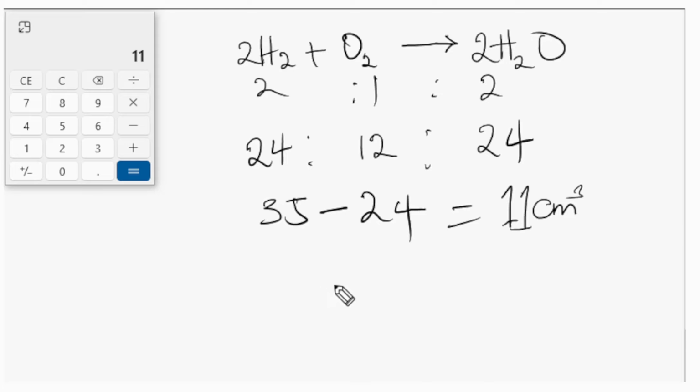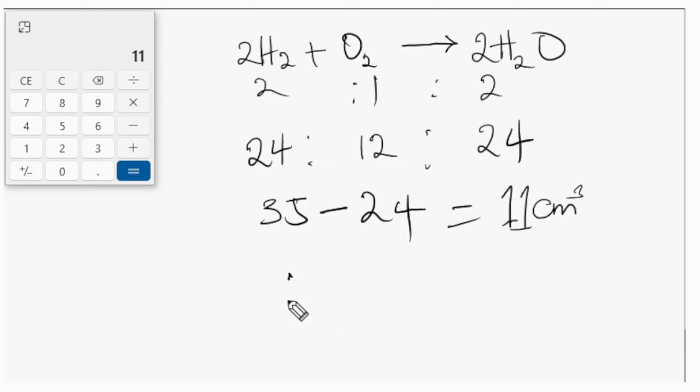So with that, we can now get the percentage of hydrogen gas that was left after the reaction. It will be 11 out of the initial 35, then times 100, which represents percentage.